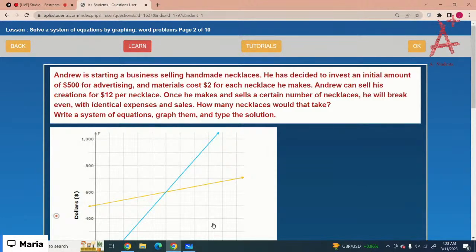Andrew can sell his creations for $12 per necklace. Once he makes and sells a certain number of necklaces, he will break even with identical expenses and sales. How many necklaces would that take? Write a system of equations, graph them, and type the solution of the equation.